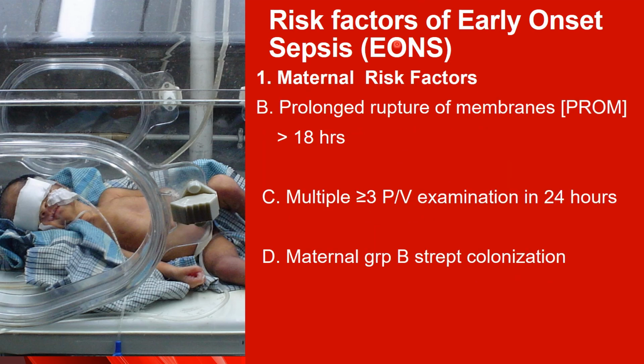Number 2 risk factor for the mother is prolonged rupture of the membrane more than 18 hours. Number 3 is multiple, that is 3 or more per vaginal examinations in 24 hours. Number 4 is maternal group B streptococcal colonization.